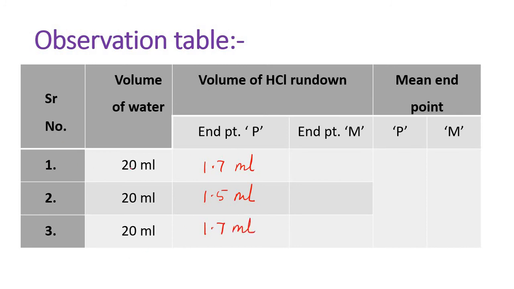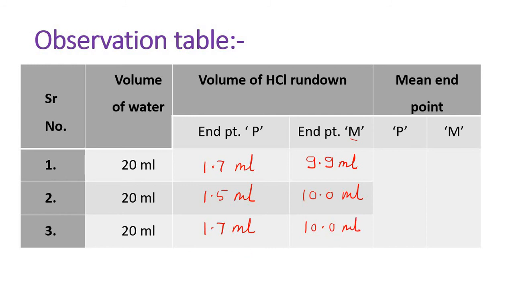Again, in the first titration, after this P endpoint, I have added methyl orange indicator, and after that the color changed from yellow to orange red. Then I got the methyl orange endpoint. So the titration has this 9.9 burette reading. For this, suppose there is a 10.0 ml reading, and for this, suppose there is again a 10.0 ml reading.